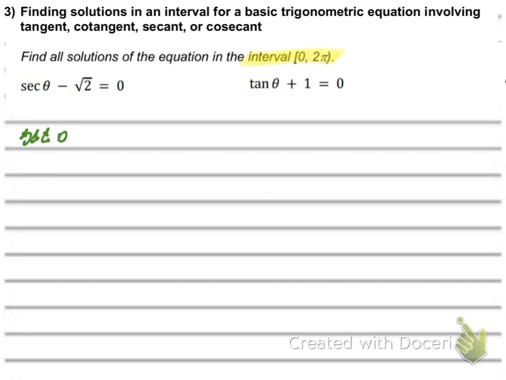And so we have secant theta is root 2. And that means that the cosine of theta must be 1 over root 2, correct? So then I would rationalize that, and I get that the cosine of theta is root 2 over 2.